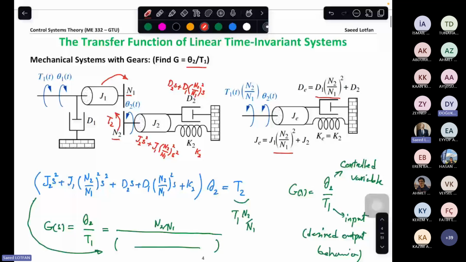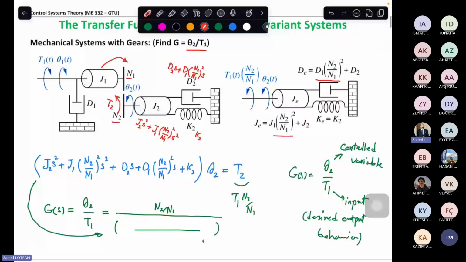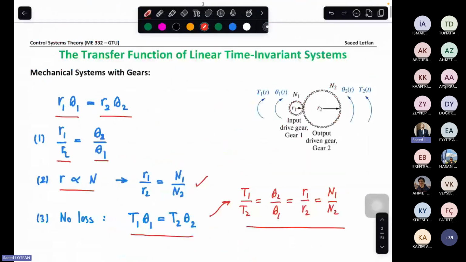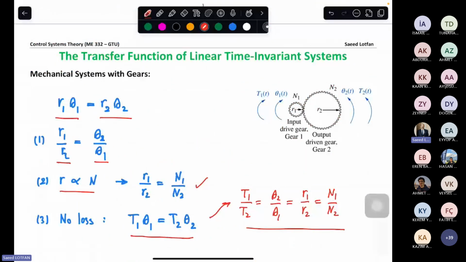Shouldn't the right-hand side of the equation be a combination of T1 and T2? Or does the T2 include T1 also? No, they are like free body diagrams. If you draw the free body diagram of these guys separately, you have this force on this guy and some force on this guy.